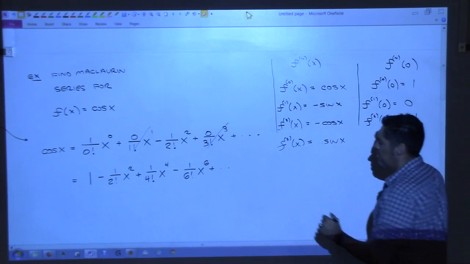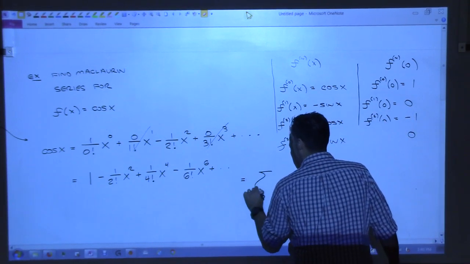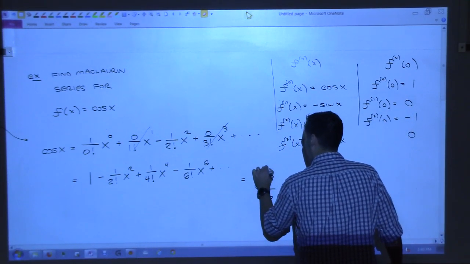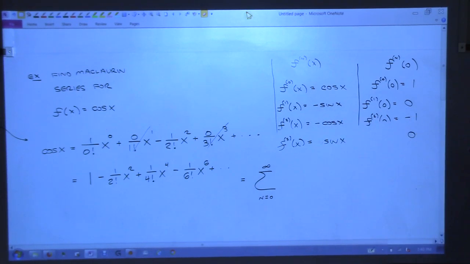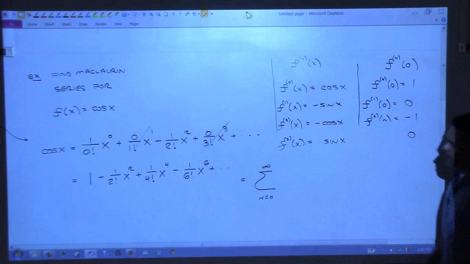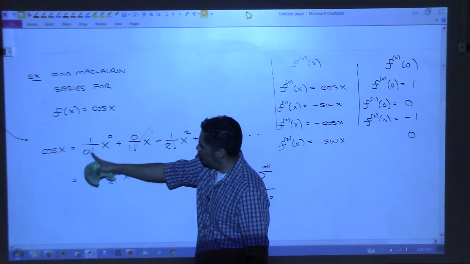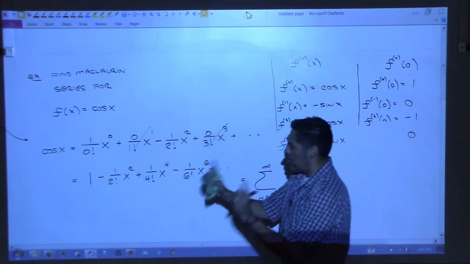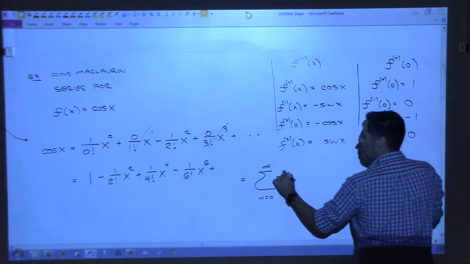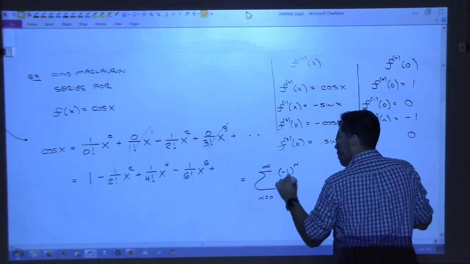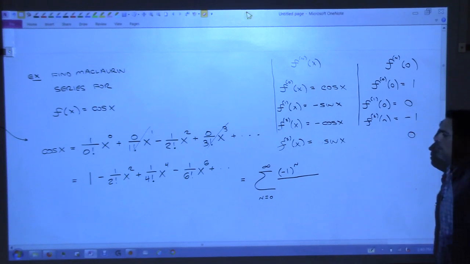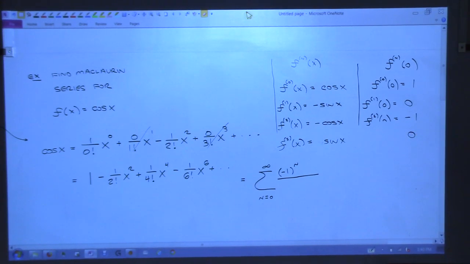Okay, can you give this to me in its sigma notation? You might want to look back at this one right here. So we're going to alternate, so negative 1 to the n again, over... My denominators are even, aren't they?